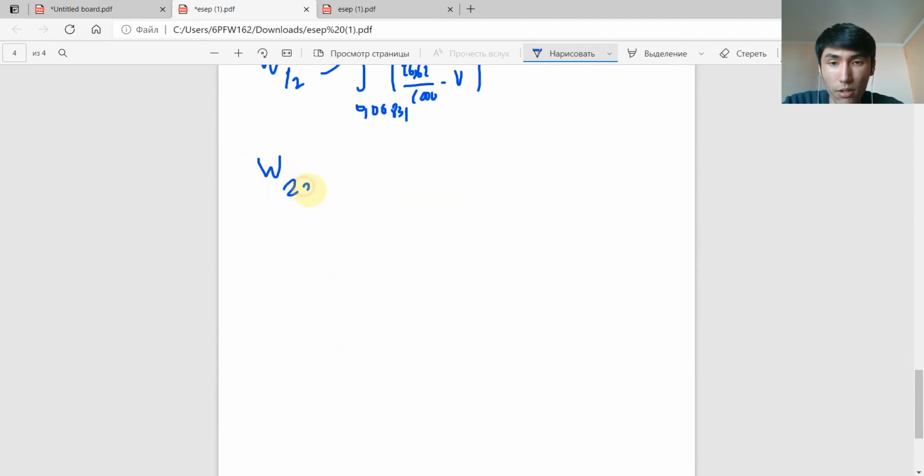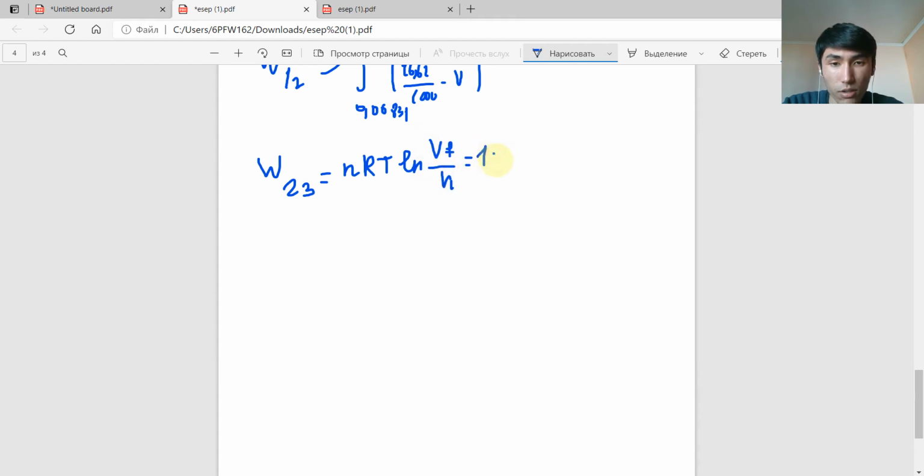Process 2 to 3. So we know that from thermodynamics, work in an isothermal process is equal to nRT ln, natural logarithm, V final over V initial, right?